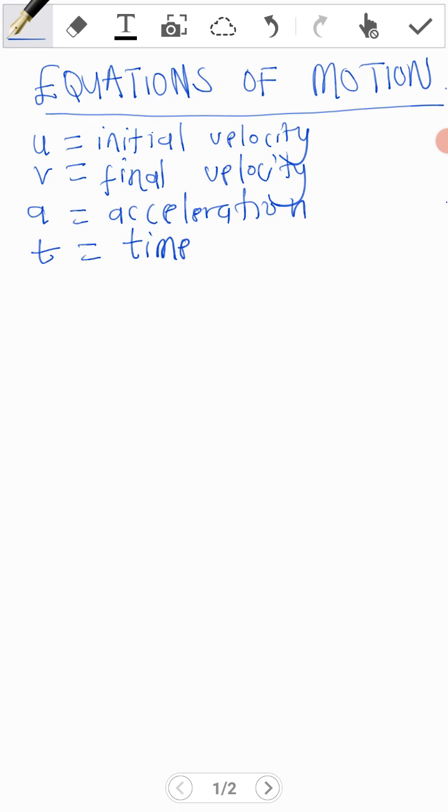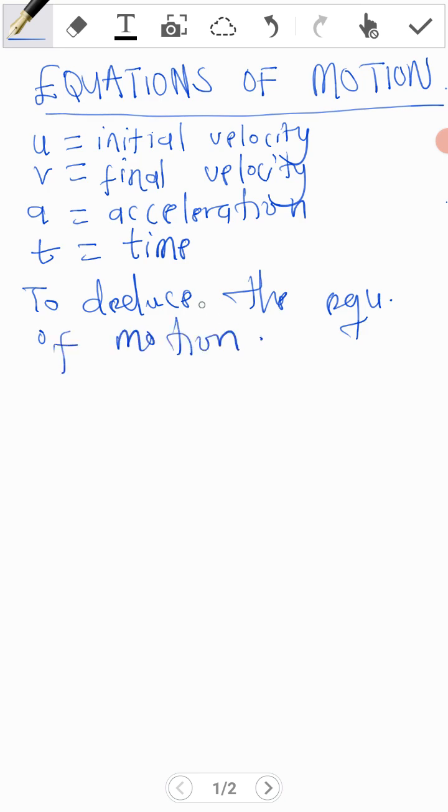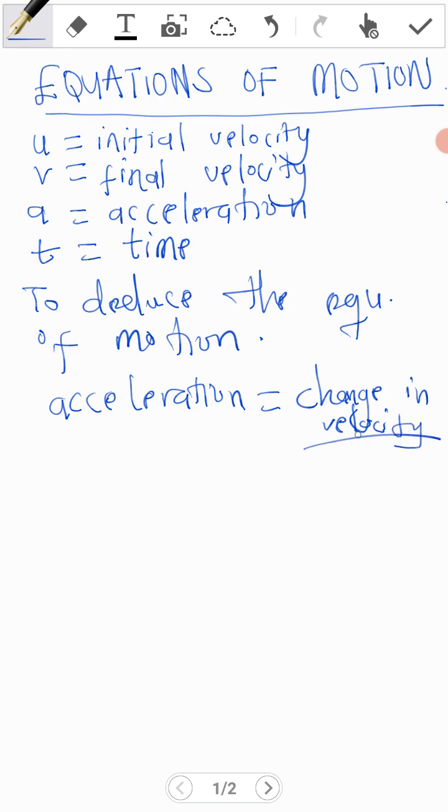So let's proceed. To deduce the equations of motion, let's first start with this equation, and it says acceleration is equal to change in velocity over time taken.